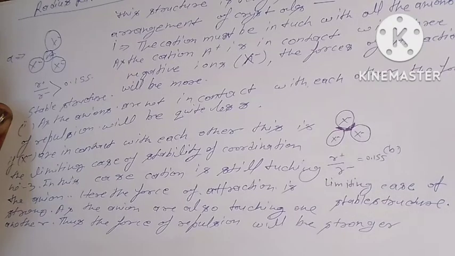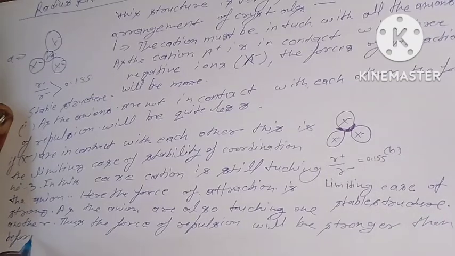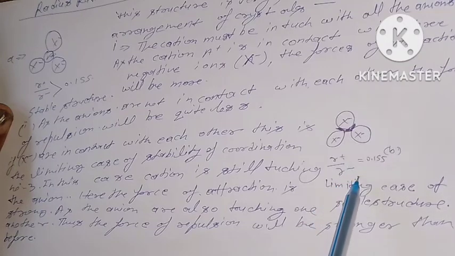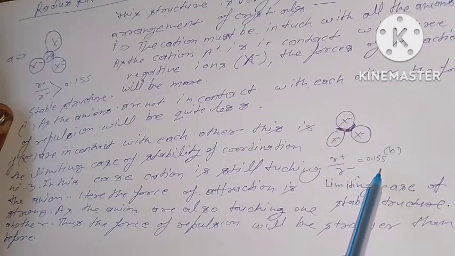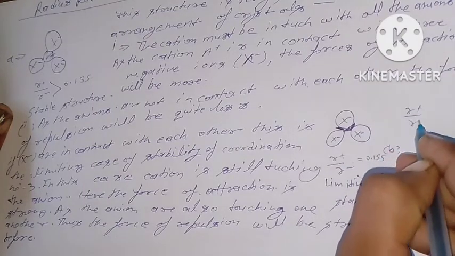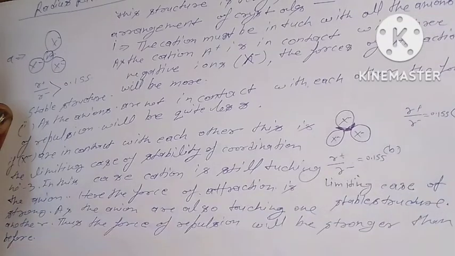By simple geometry, the radius of the positive ion upon the radius of the negative ion is equal to 0.155. This is the lower limit of coordination number 3.